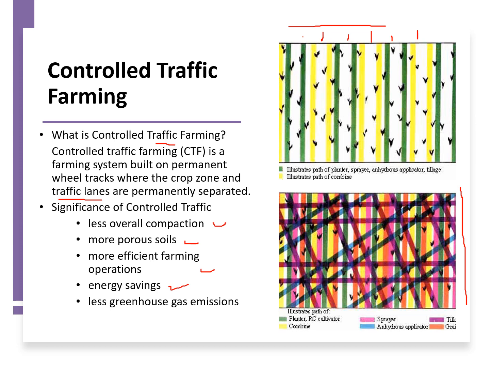So in many ways it saves energy, and of course there will be less greenhouse gas emission because you have efficient systems, and efficient systems always help to reduce the greenhouse gas emissions.